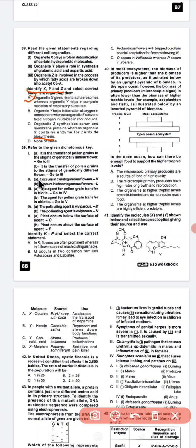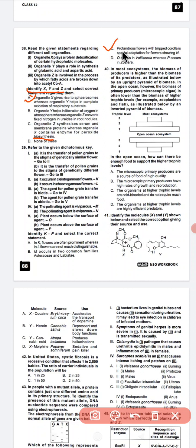Second one, here after identifying this K and P, select the correct statement. You have to select the correct statement among these.